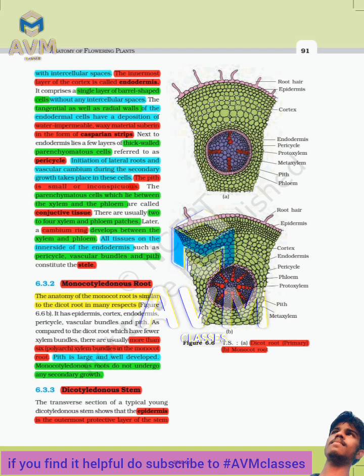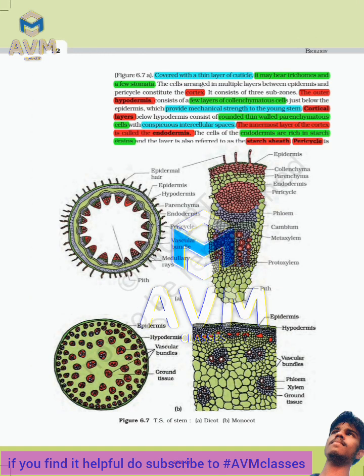6.3.3 Dicotyledonous stem. The transverse section of a typical young dicotyledonous stem shows that the epidermis is the outermost protective layer of the stem, covered with a thin layer of cuticle. It may bear trichomes and a few stomata.